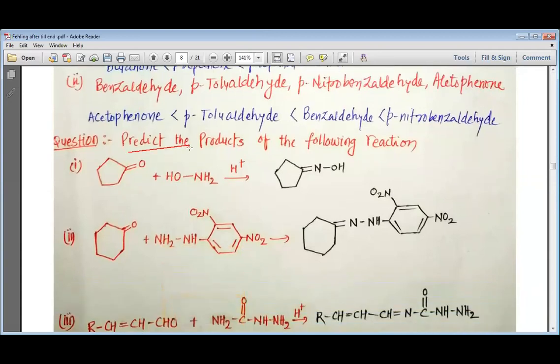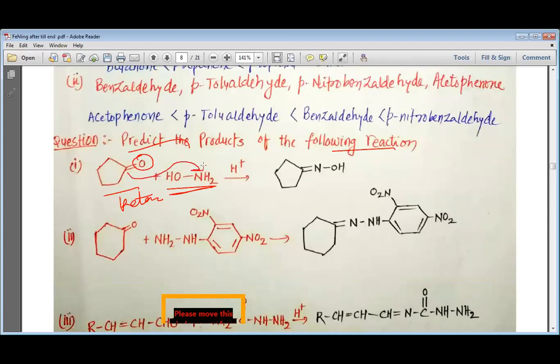Now we have the next question: predict the products of the following reaction. So here we have a ketone, and this ketone is going to react with hydroxylamine. You know that, my dear students, the oxygen will be removed, and these two hydrogens will also be removed from the amine, and that is how this nitrogen combines with this carbon, and there will be a double bond between this carbon and nitrogen, and this is how we get the product.